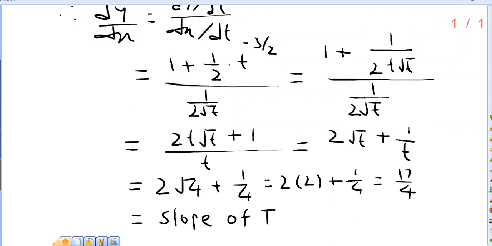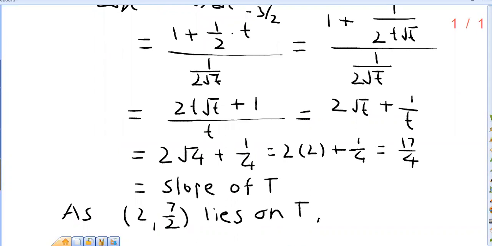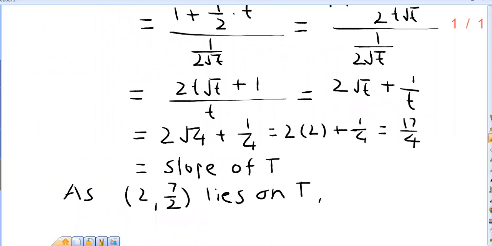So what is the equation? Find out. We know that the point 2 comma 7 by 2 lies on the curve and on tangent also. What is the equation of tangent? Y minus 7 by 2 equal to m, what is slope?